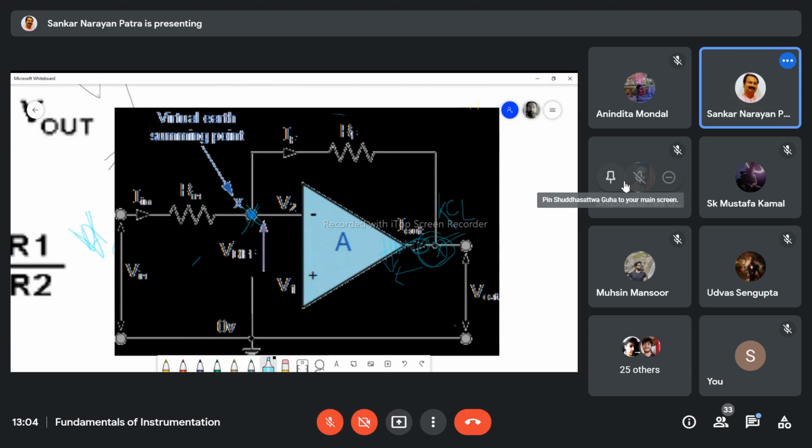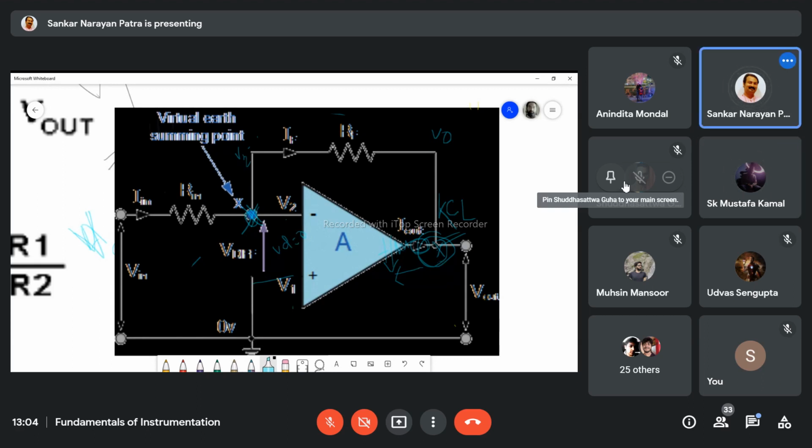Now once we connect this, we will find the output voltage V0 and the input voltage here. V2 and V1 will be the same, and VD is 0. So V1 is 0, then V2 is 0.